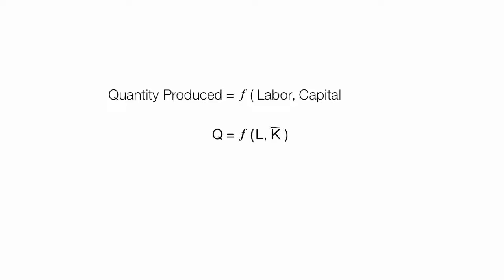And sometimes, since capital is fixed, that's what that little line over the top means, it's written as quantity is equal to a function of labor. Along the x-axis, I'm going to graph units of labor, and that can be number of workers or hours.